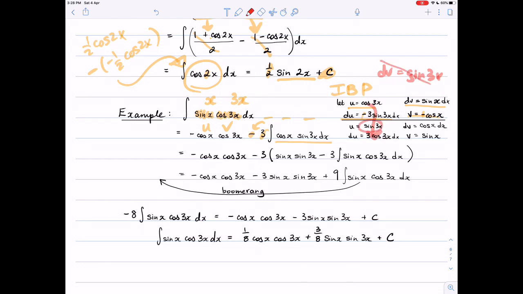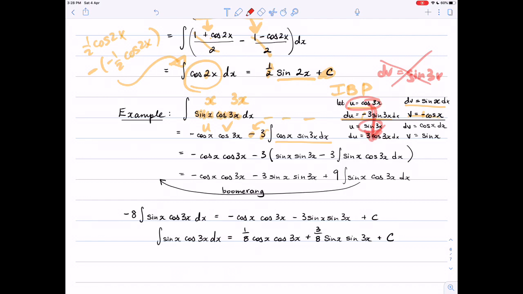If you do, everything is going to cancel out, and you will prove without the shadow of a doubt that 0 equals 0. Which is true, but not useful to your integration. So once you have chosen the function as your u, continue down. And as far as choice, it doesn't matter. The initial choice doesn't matter. But once you've made that choice, stick with it.